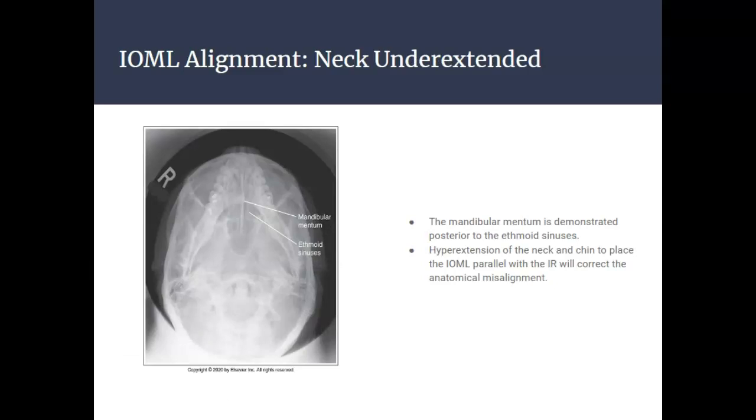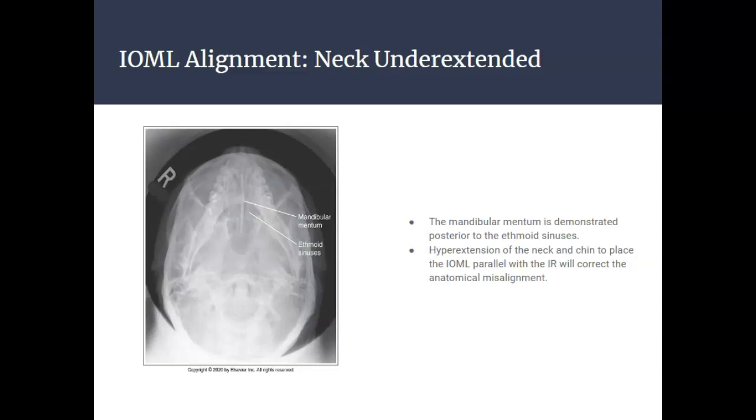So let's talk about positioning errors in relationship to the IOML alignment. In this case, when the neck is underextended, you will see that the mandibular mentum is demonstrated posterior to the ethmoid sinuses.